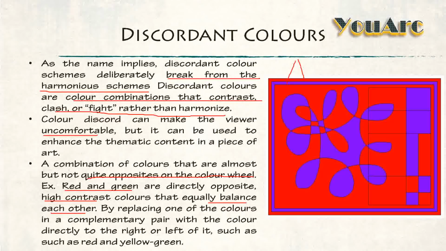But if you replace one color with a color left or right of its complement, say if you are considering green, and you take the adjacent color, maybe yellow green, with red, it becomes a contrast color. We can say it is a discordant color. It is what we call clashing colors.